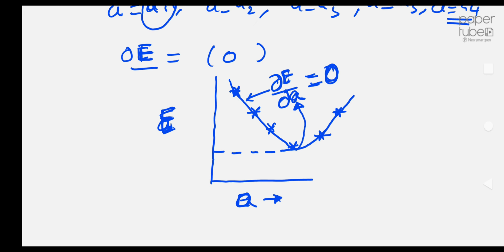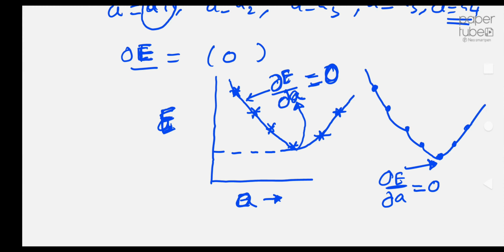What do I mean by that? If you follow this line, something is changing, something is changing, and at the minimum something is stationary, which is constant. Anything constant that you differentiate with respect to the independent variable will be equal to 0, and then again it starts to change.